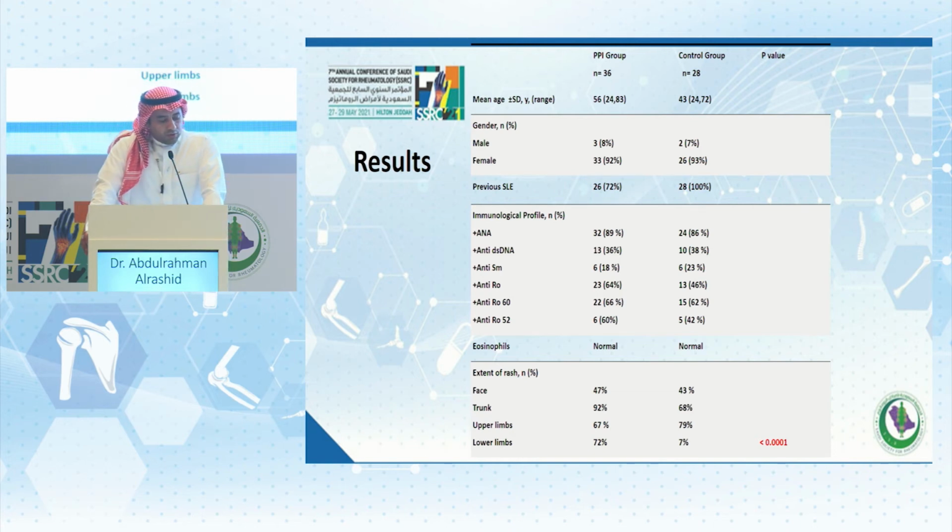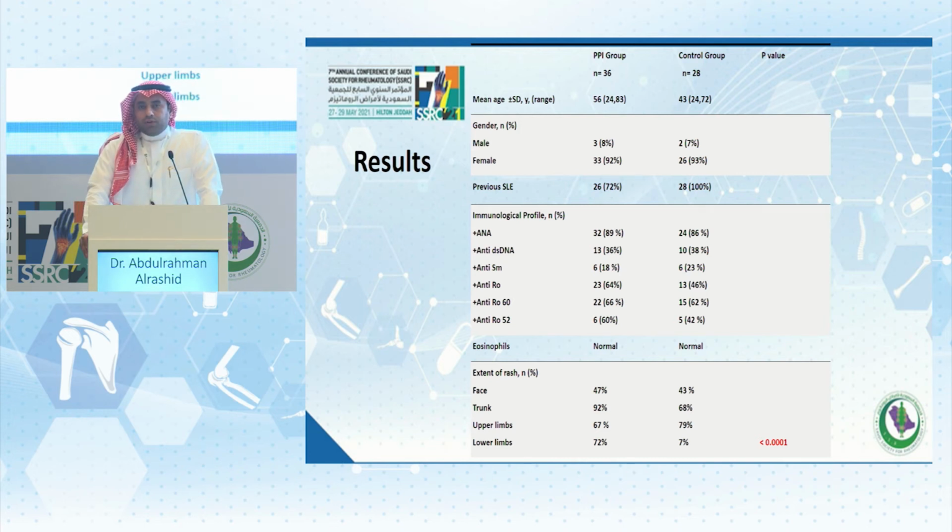In regard to the immunological profile, there is no statistical significance between both groups. There is some predominance of anti-SSA in the patients with SLE. This is well known, but unfortunately we don't have the full immunological profile for most, or maybe half, of the patients, because this is a referral clinic.